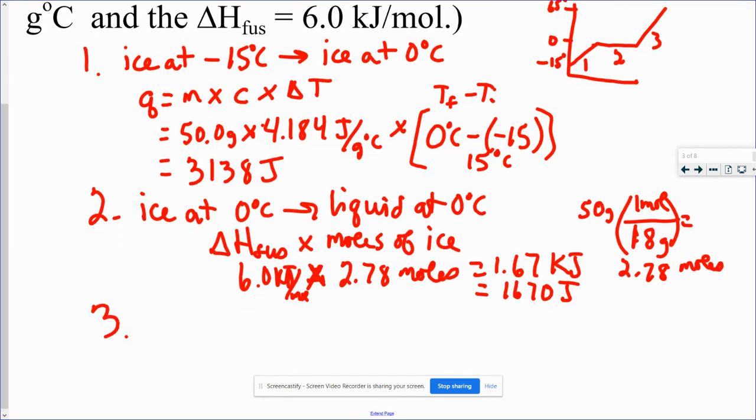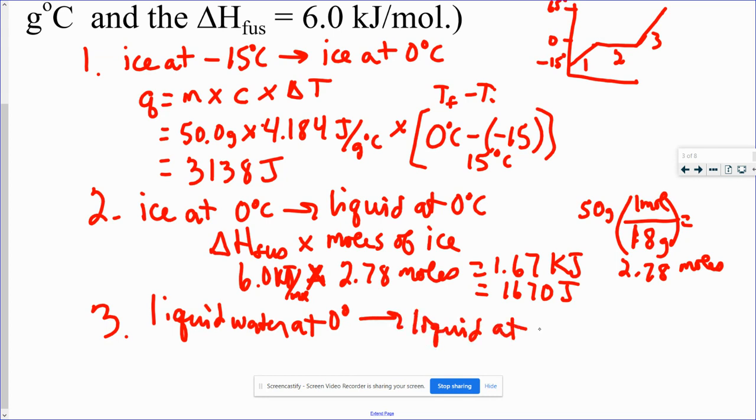Step 3 is now up here. I'm already in liquid at 0, and I can take my liquid up to 65. So I'm going to take liquid water at 0 degrees to liquid at 65 degrees.